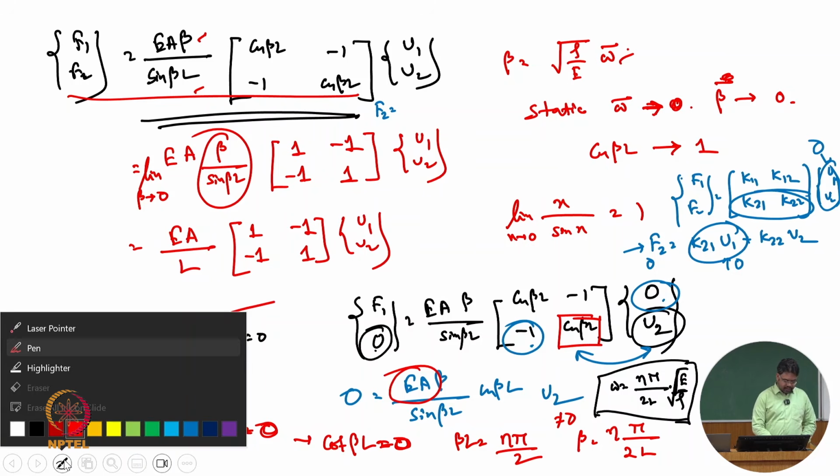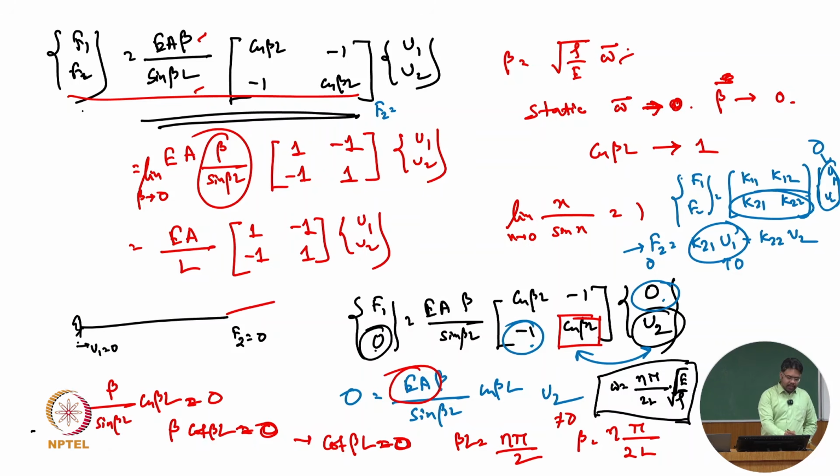So you can see here, this becomes my dynamic stiffness matrix or spectral element matrix. What do we mean by the dynamic stiffness matrix?